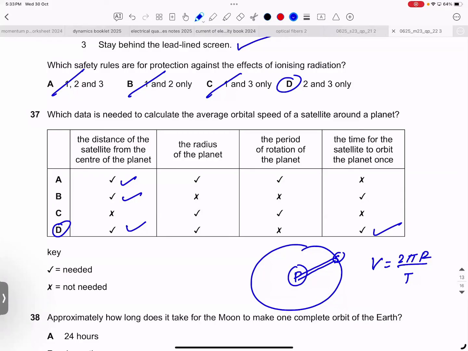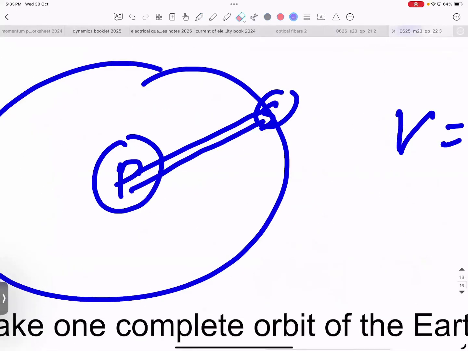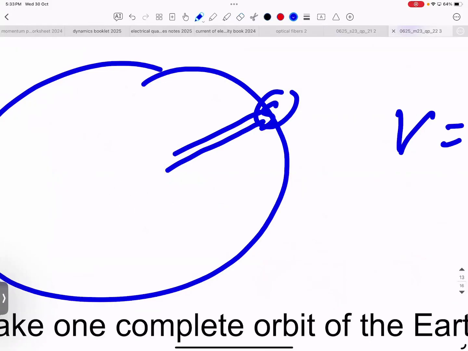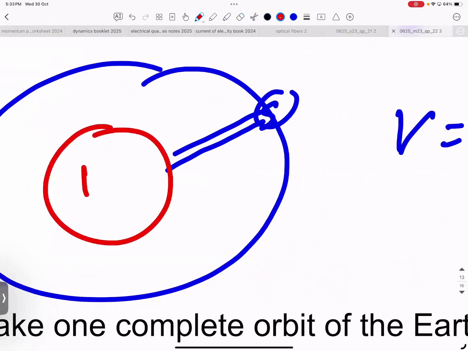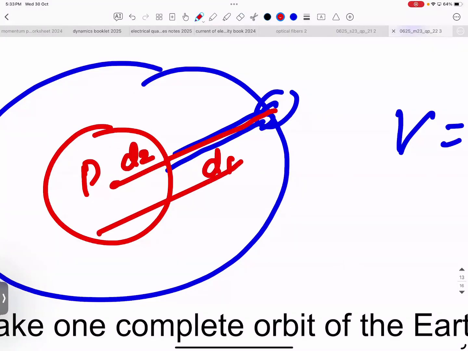Radius of the planet is also needed because this distance was from the surface? Look, here is the planet. This distance was d1, this radius is d2, so total distance we need.